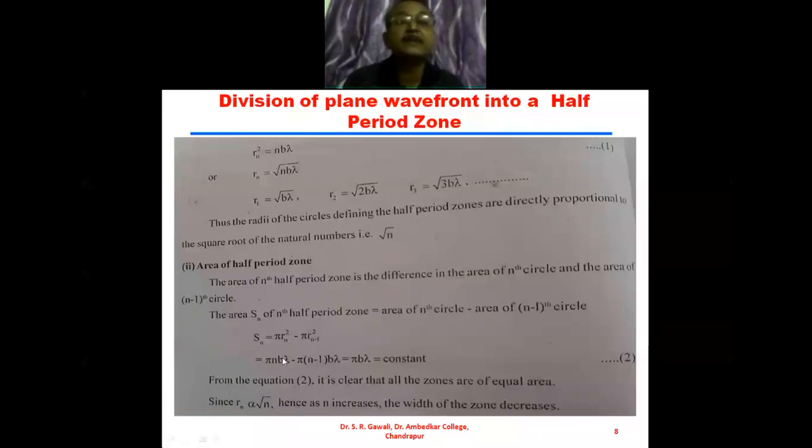We will substitute the value of Rn and R(n-1). If we substitute the value of Rn, then we get pi nBλ minus pi into (n minus 1)Bλ, where n is replaced by n minus 1.